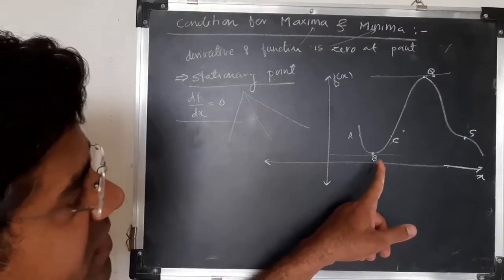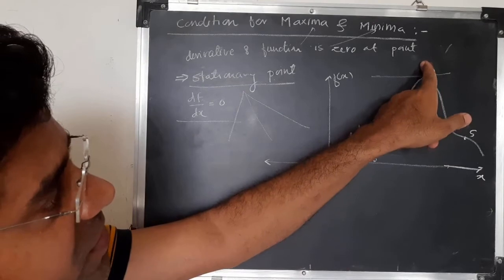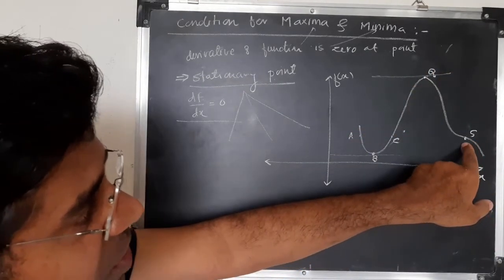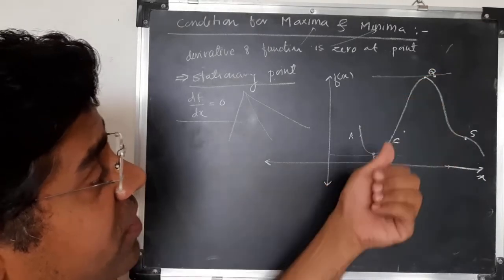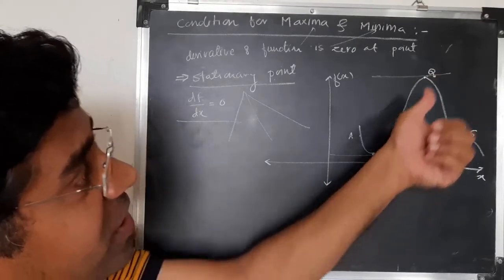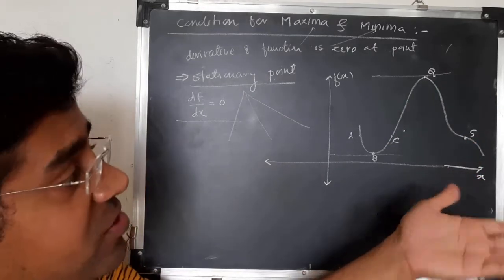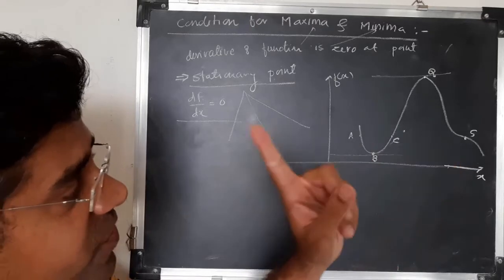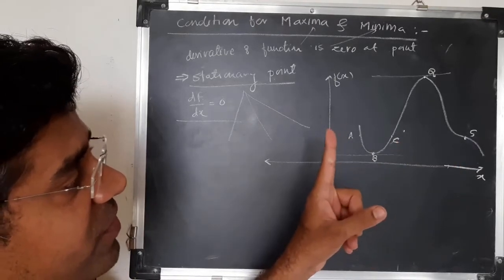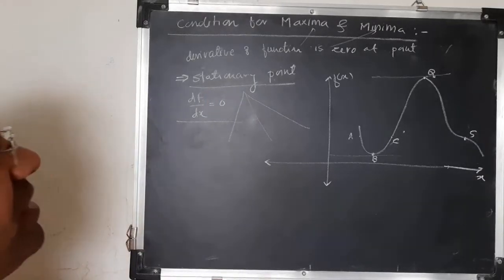In all the cases, at point B the first derivative is 0, at point Q the derivative is also 0, and at point S the derivative is also 0. But we don't know which point is maxima and which is minima: either B is minima or maxima, either Q is minima or maxima, or S is maxima or minima. So how can we decide that? First, the derivative of that function should be 0. That is my first case.